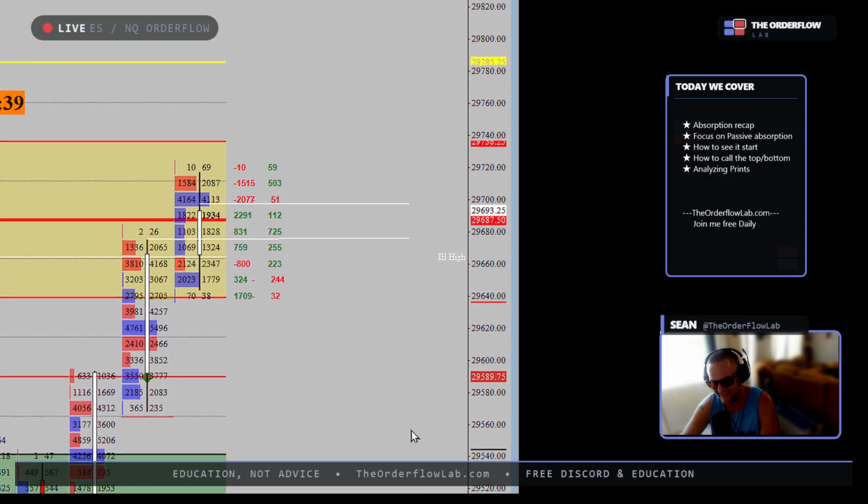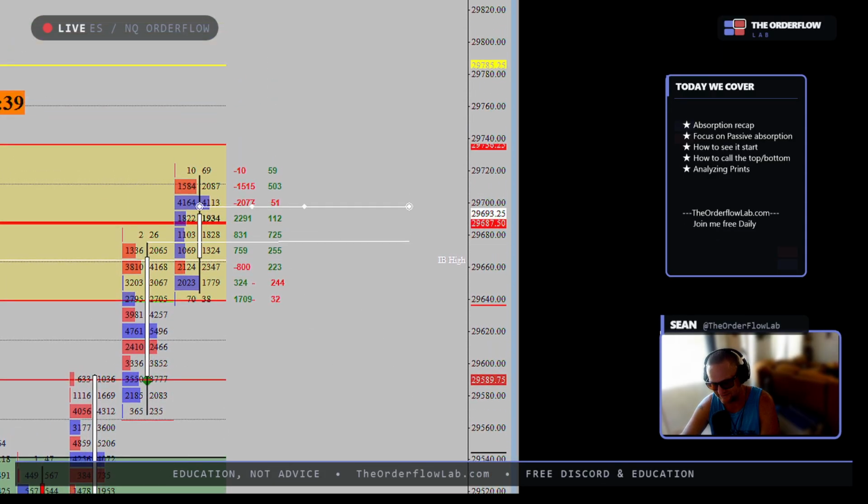Look at the work the algos are doing here. Every time we tap 700, they're now loading the boat. 4,113 contracts long, basically at 700. 4,164 contracts short. You see how tight to the count that these algos get?